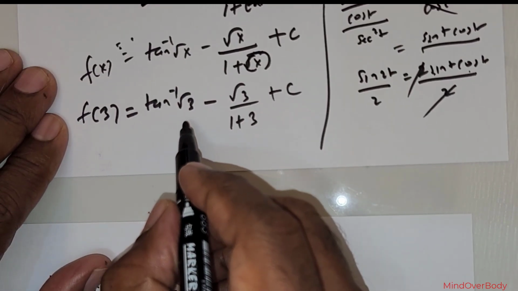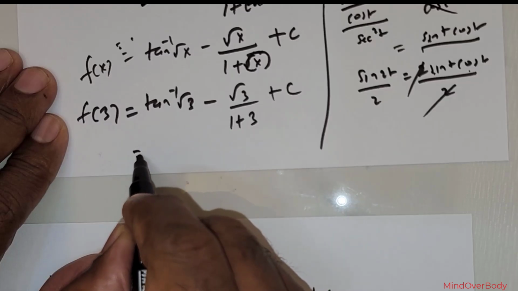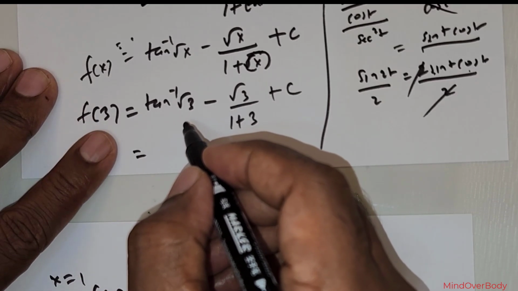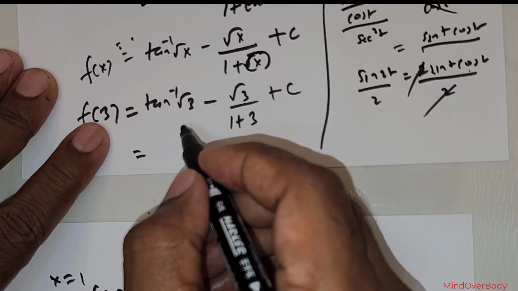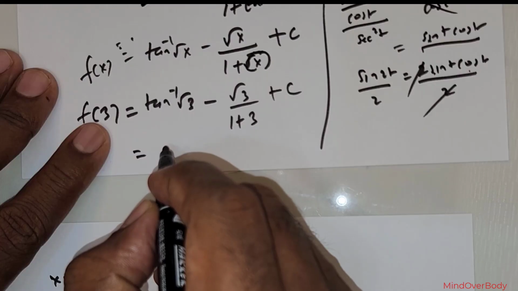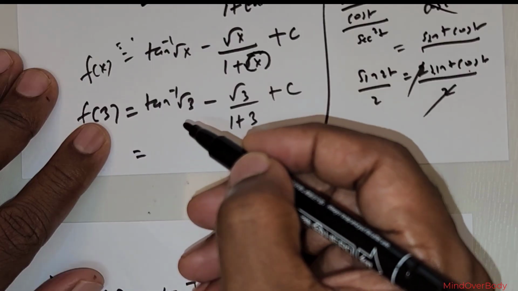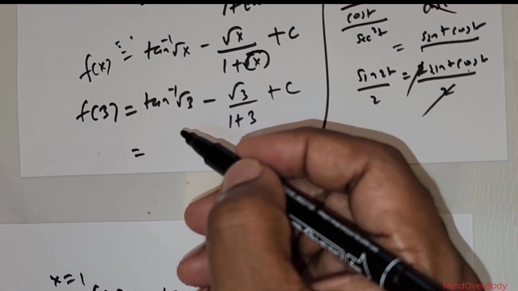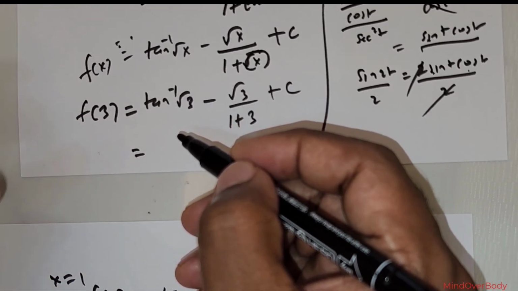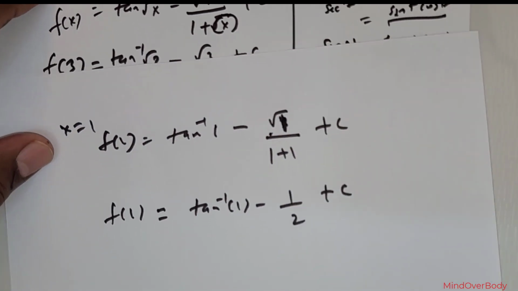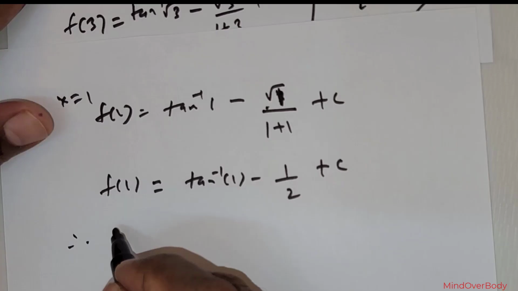Now we know the value of tan inverse of root 3, right? Now tan inverse of root 3 will produce a value of pi over 3. Am I right? So we can actually utilize that value, pi over 3. So therefore, let me bring this step.